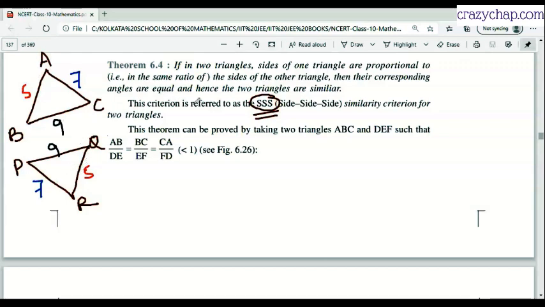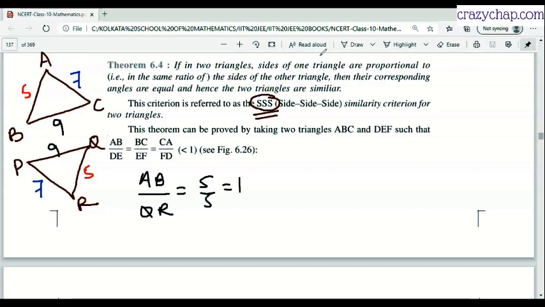So we don't talk about the side ratios. Sorry. We always talk about the side ratios. In this case, the ratio of side AB and side QR is what? 5:5, 1:1.